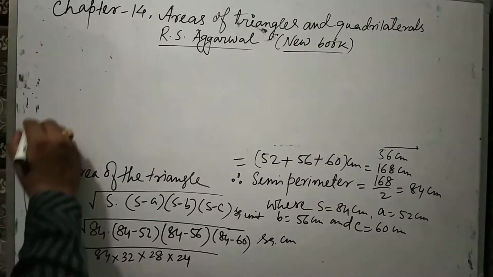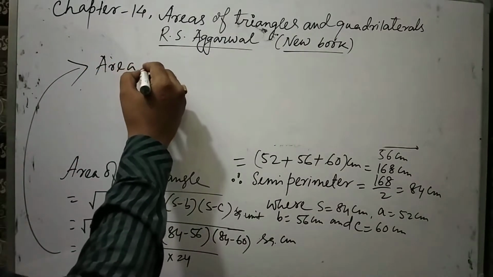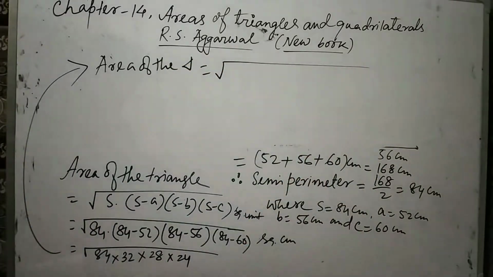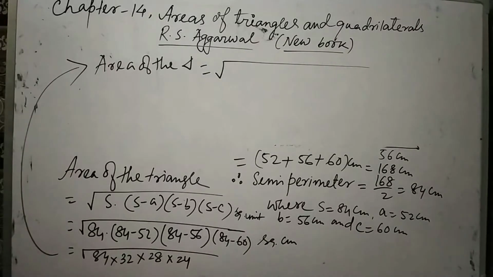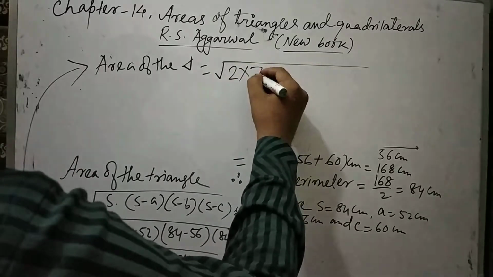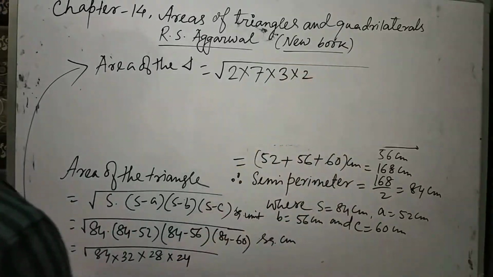After this line, area of the triangle equal to root over, now look, 84, we can break 84 as 2 into 7 into 3 into 2.